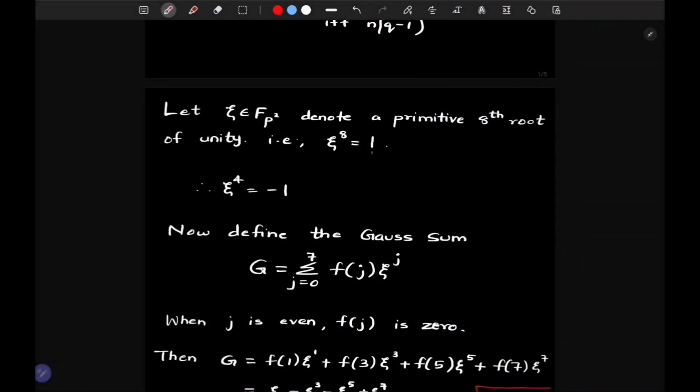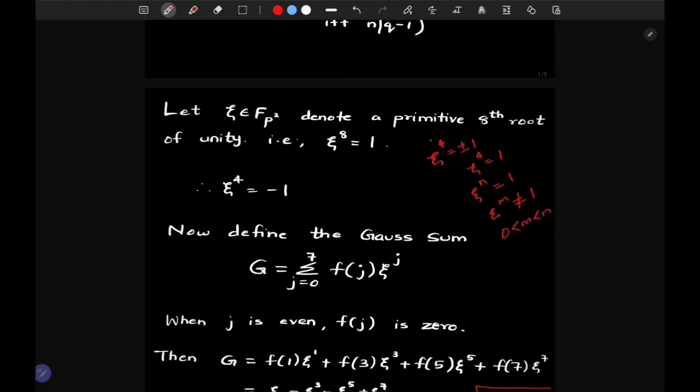By taking square roots on both sides, I get ξ^4 equals ±1. But can I write ξ^4 equals 1? No, because by the definition of primitive nth root of unity, ξ is a primitive nth root of unity if ξ^n equals 1 and ξ^m is not equal to 1, where m lies between 0 and n.